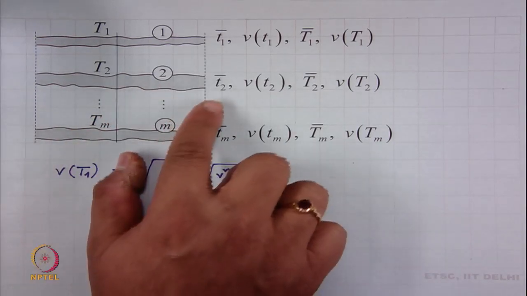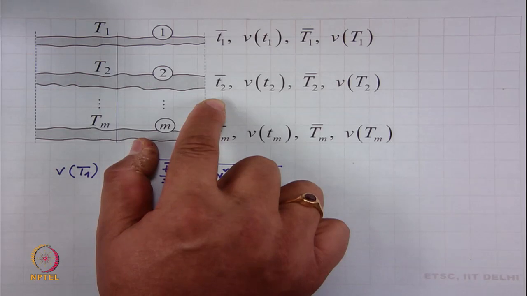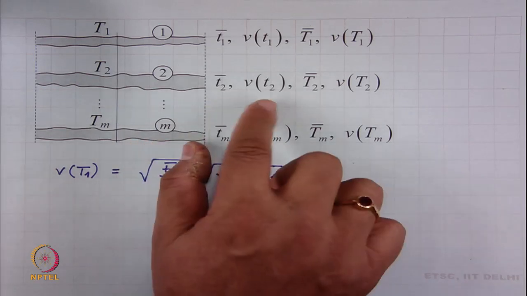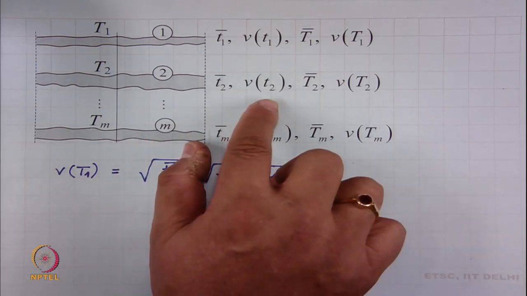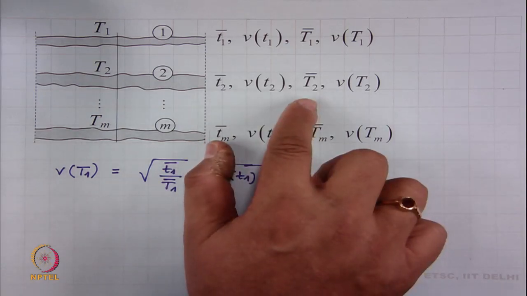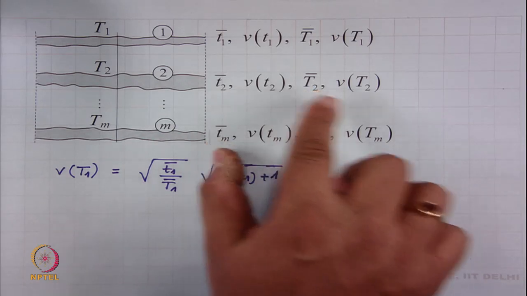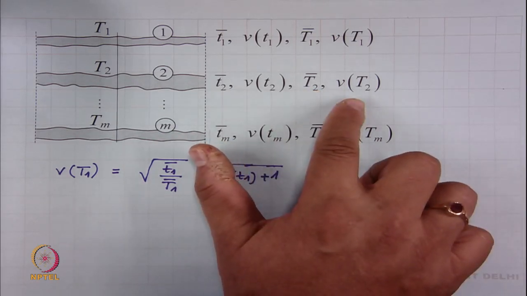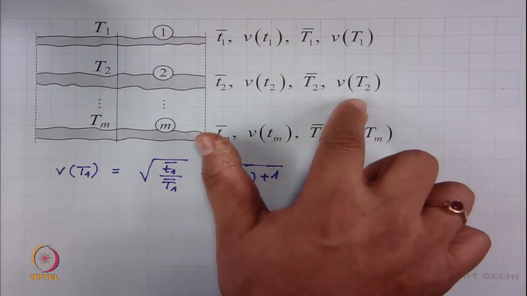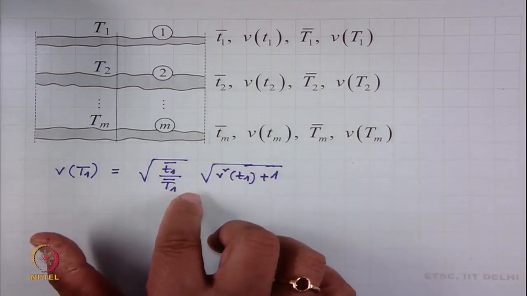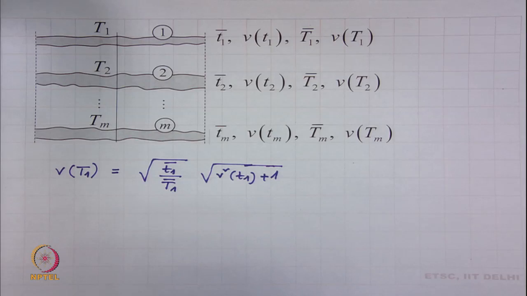The mean fiber fineness t 2 bar, CV of fiber fineness V t 2, mean sliver fineness capital T 2 bar and CV of sliver fineness V T 2. This expression also can be obtained similarly by using Martindale's model.